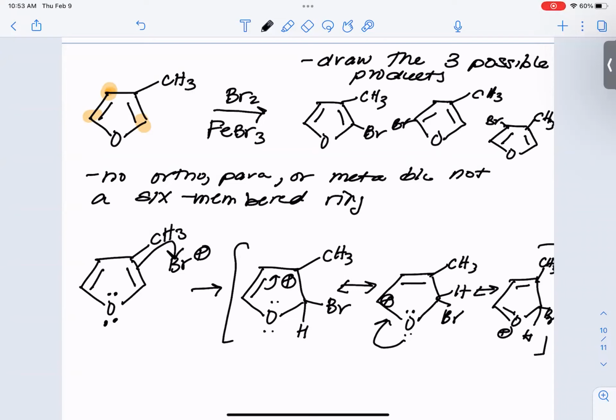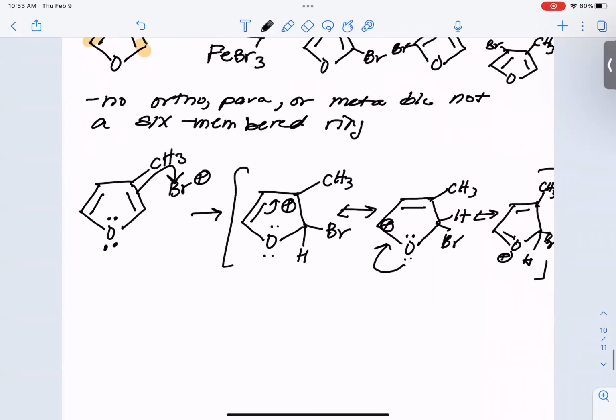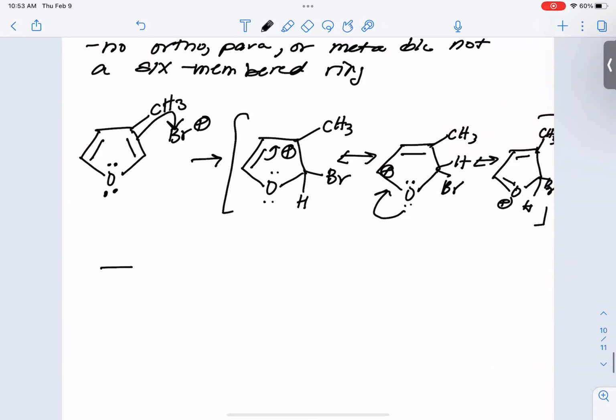Does everybody see how I got those three resonance structures? Yes, no, maybe so? Do we see how I moved the electrons? Okay. Now to react with the other two carbons. So the pi electrons take the Br.